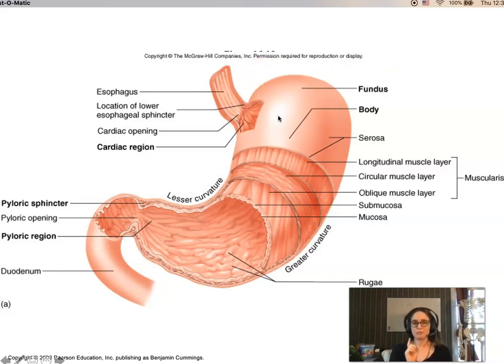You still have the same 4 layers. You still have the mucosa, submucosa, muscularis, and adventitia. Your muscularis layer has an additional oblique muscular layer. So you would call this mucosa. There is a submucosa that they've illustrated, kind of.